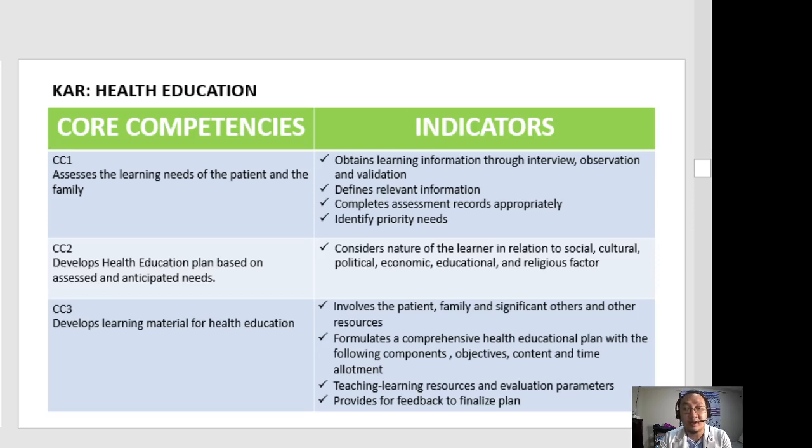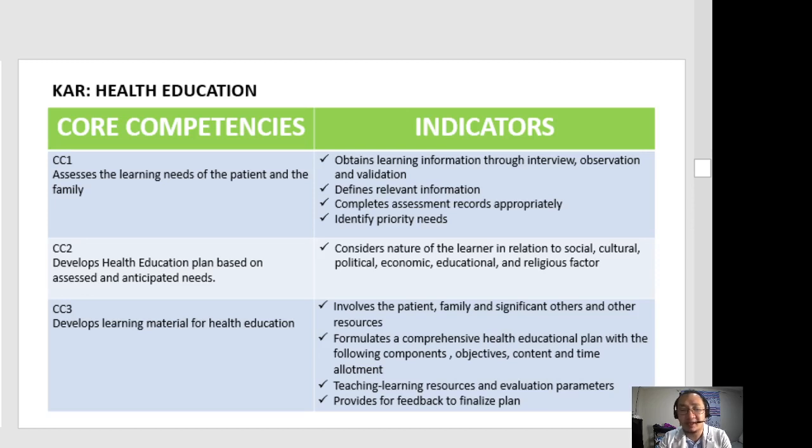So you're assessing if your clients at least know something about their problems, their situation, or their condition, and you provide relevant information regarding their situation, their condition, and you also record the assessment.